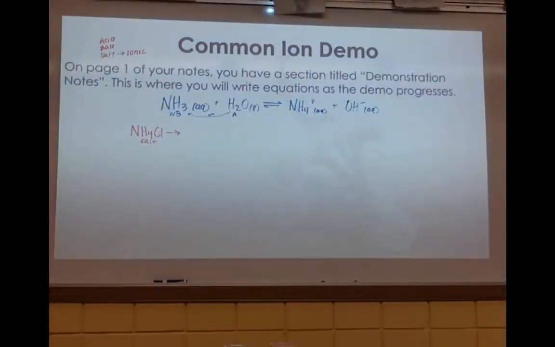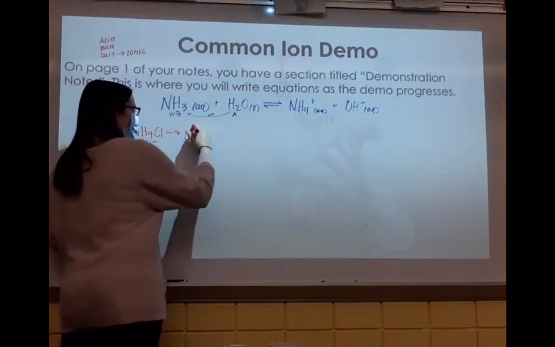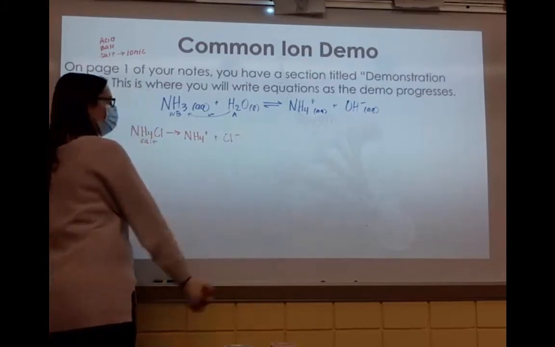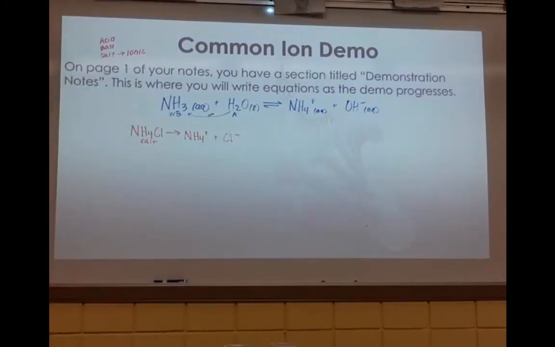So if it's always soluble, that means it's a strong electrolyte. It completely breaks apart. So ammonium chloride, when you put it in water, actually breaks apart into NH4+ and Cl-.